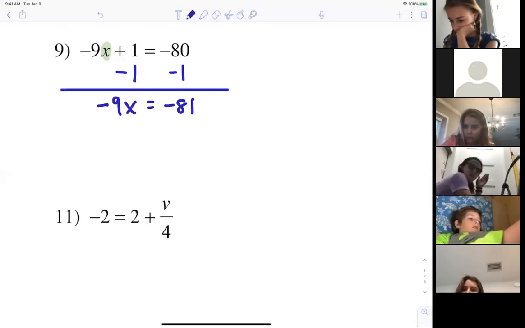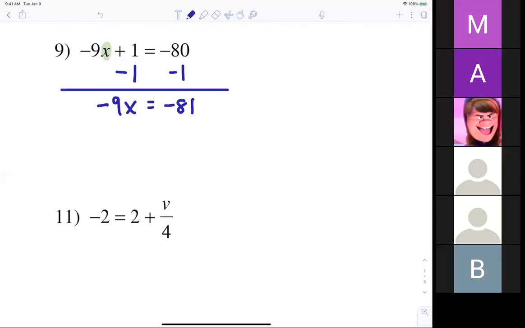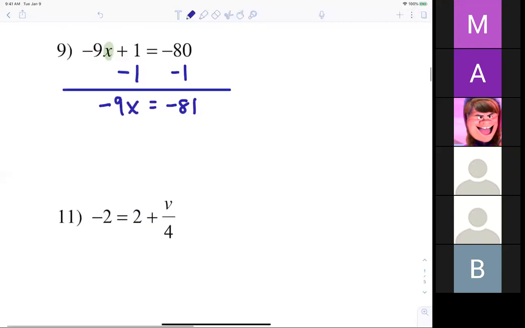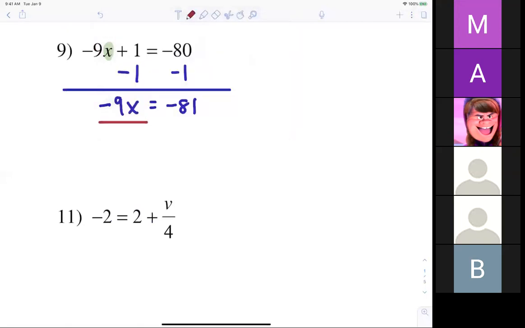Now, how do I undo the multiply by -9? All right. What do we do? Divide by 9. That's right. But specifically divide by what type of 9? -9. Yeah, everybody, we're dividing by -9. And so x is equal to +9. All right. Everybody okay with that?